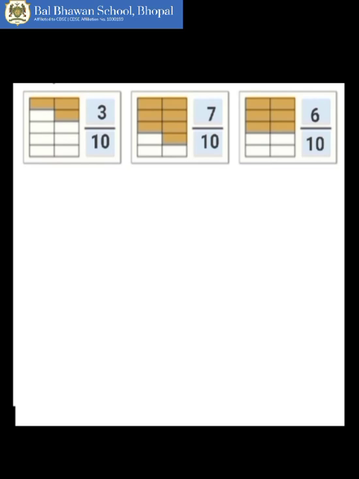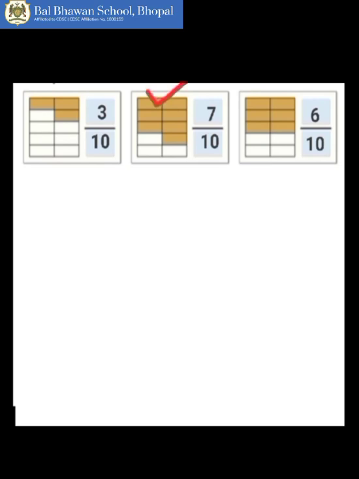As you can see, all pictures are divided into 10 equal parts. Now tell me, which of the pictures has maximum portion shaded? The picture which has maximum portion shaded is actually the biggest fraction. So the middle one, which has 7 portions shaded, is the biggest fraction.